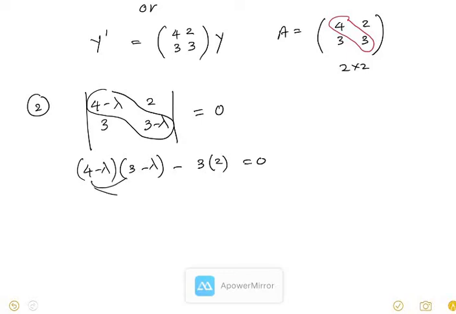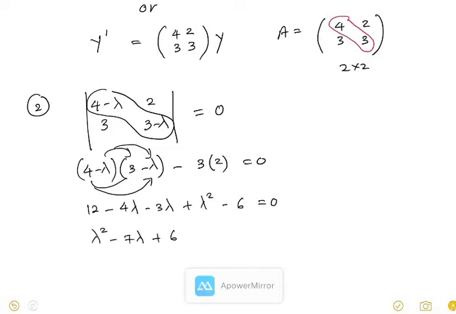So 4 times 3 you get 12, 4 times minus lambda you get minus 4 lambda, and then minus lambda times 3 you get minus 3 lambda, minus lambda times minus lambda you get plus lambda squared. And then minus 6 equal to 0. So now I get lambda squared minus 7 lambda plus 12 equal to 0.